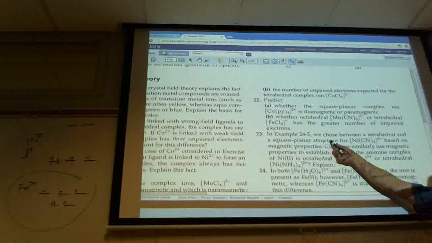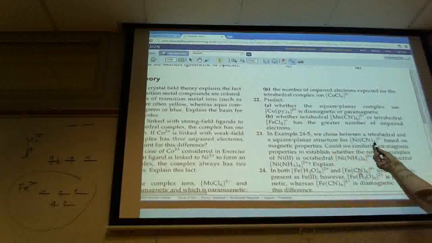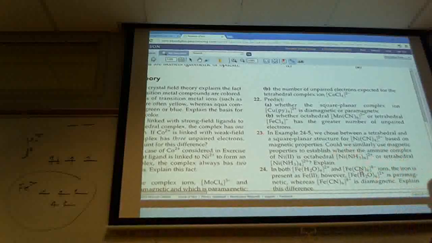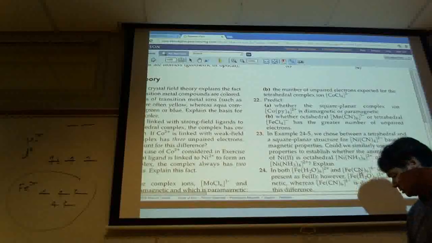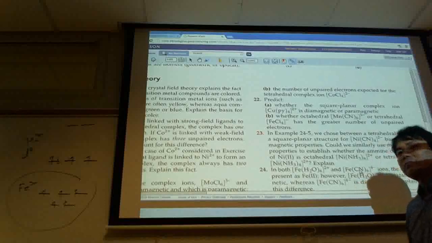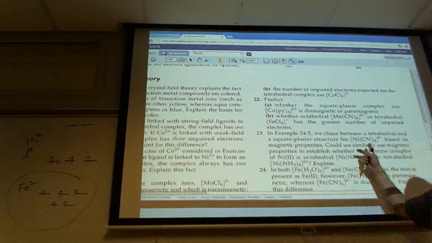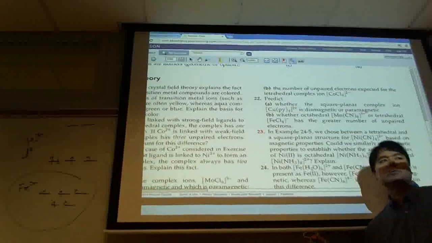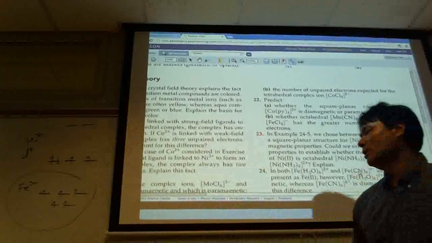In example 24.5, we chose between a tetrahedral and square planar structure for nickel based on magnetic properties. Actually, we can predict it without magnetic properties. What do you think tetracyanonickelate 2 minus will be, tetrahedral or square planar?